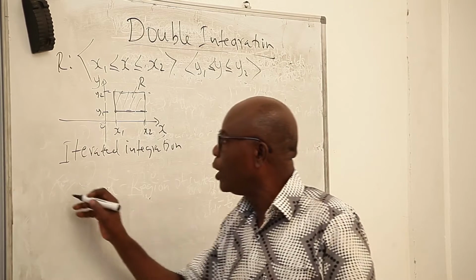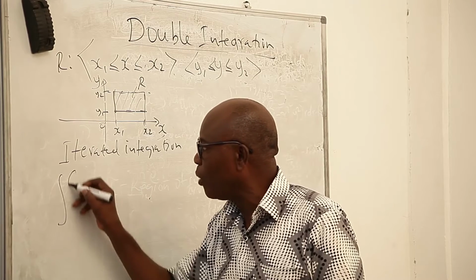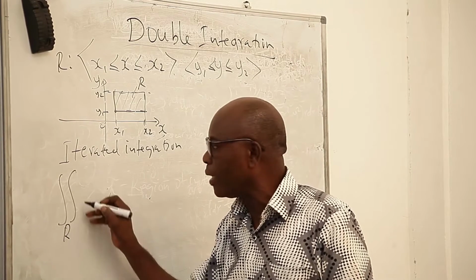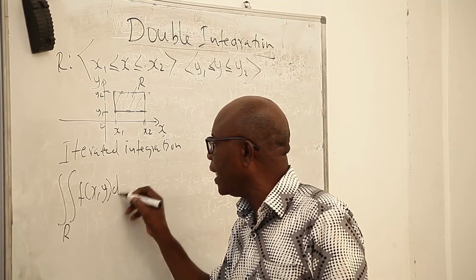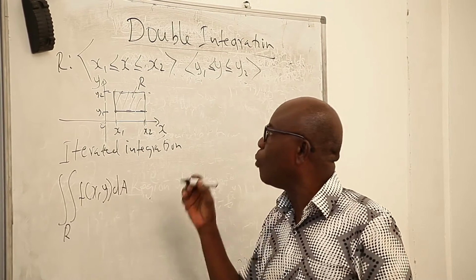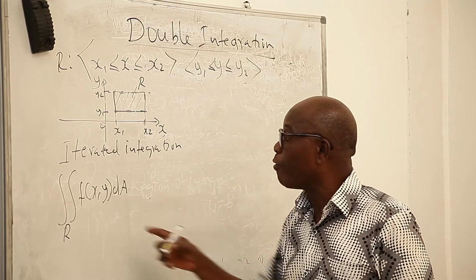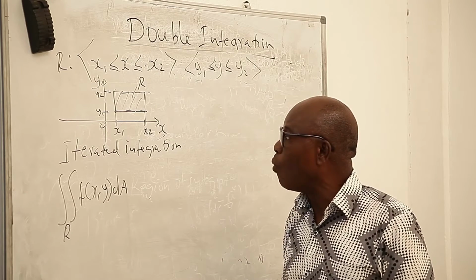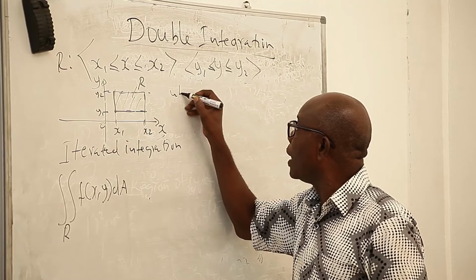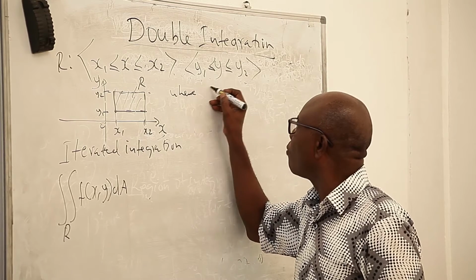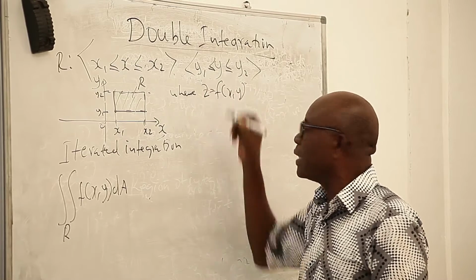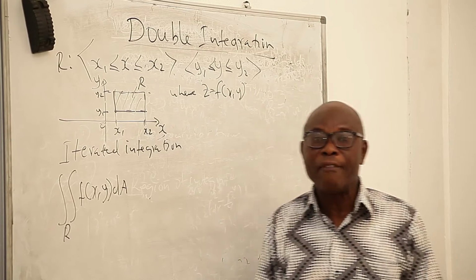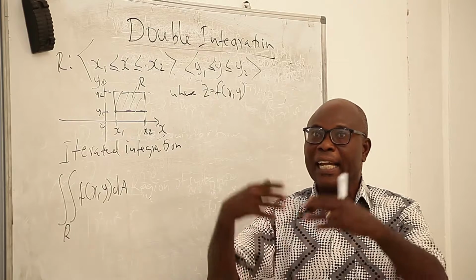The double integral over the region R of f of x and y dA, where f of x and y is the surface, gives us the height.